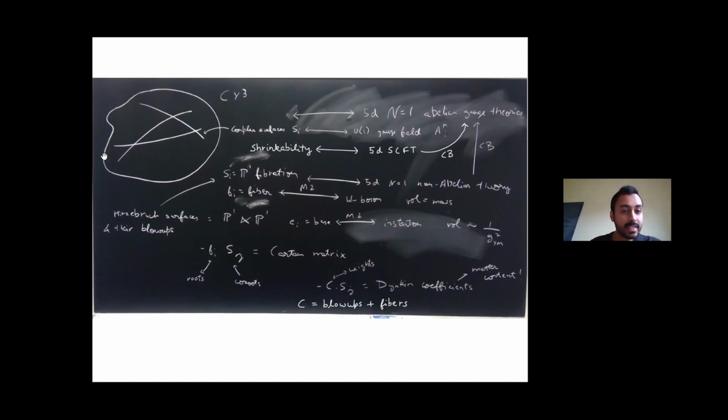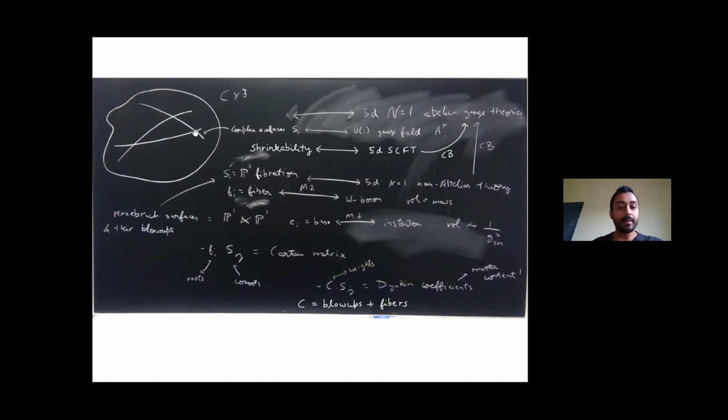Now, if you focus on this local region, then you can establish a correspondence between such a local region and 5-dimensional N=1 abelian gauge theories. So the way it works is that if you take each complex surface Si, you compactify the M-theory 3-form on it, you get a U(1) gauge field corresponding to each surface.